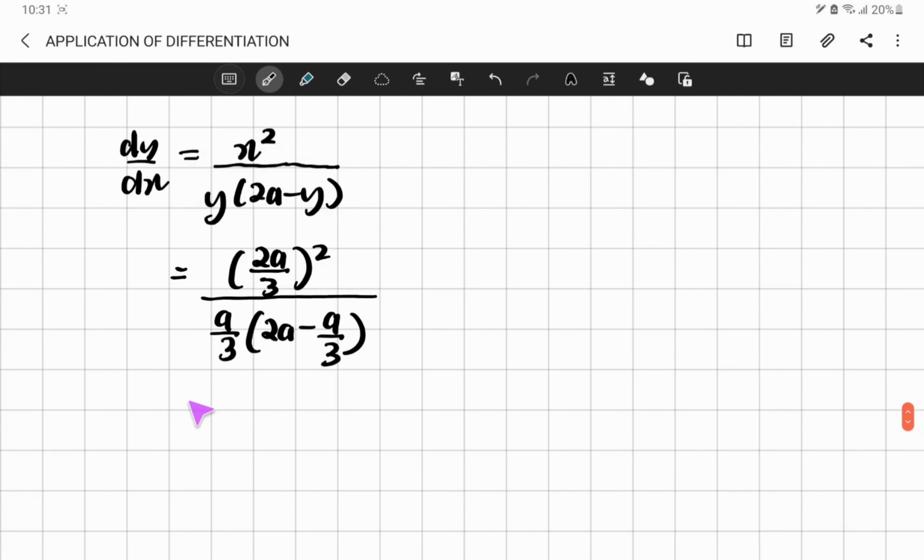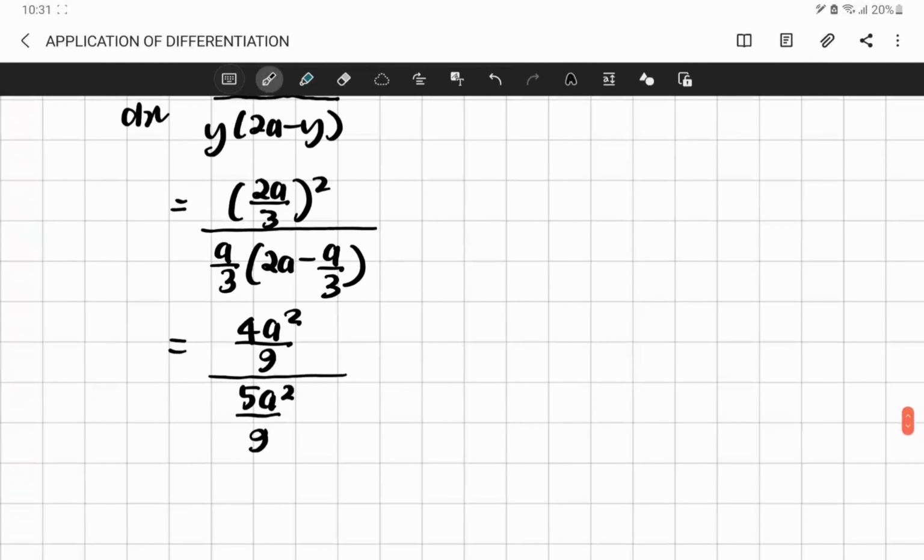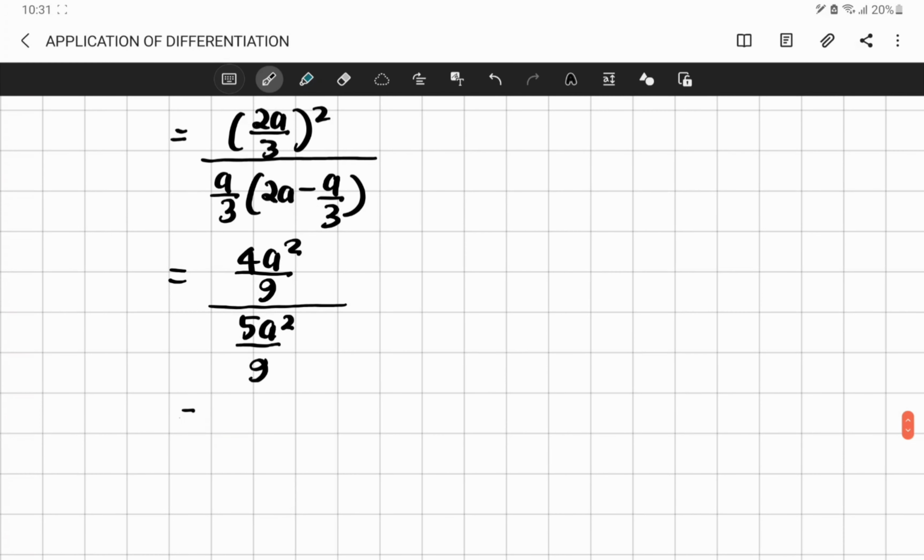Then we're going to get 4a squared over 9, divided by, simplifying this denominator, 5a squared over 9. If we simplify, we're going to get 4 over 5.